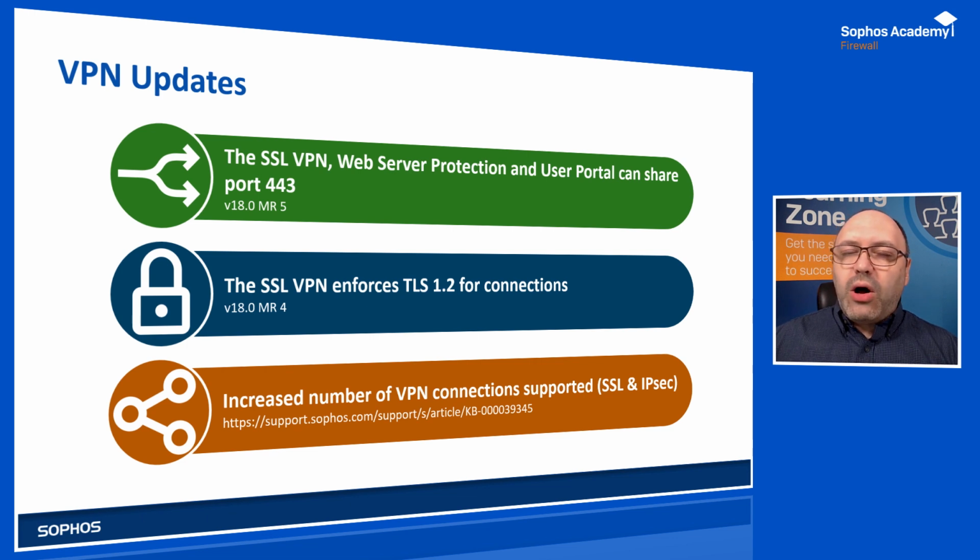This is for all models from the 86 all the way through the 750. Updated concurrent tunnel capacity can be found in Knowledge Base article 0000-39345. All right, so let's jump into our demo environment and talk about the Sophos Connect client.